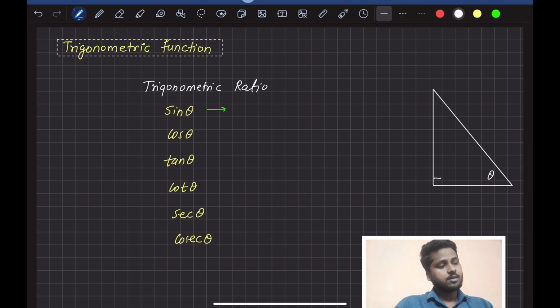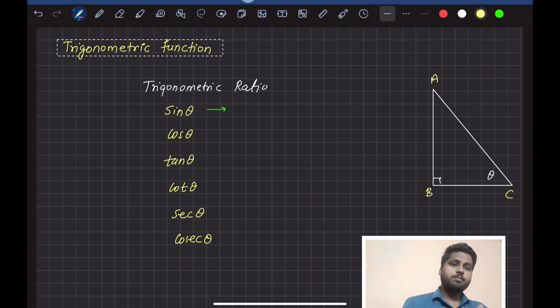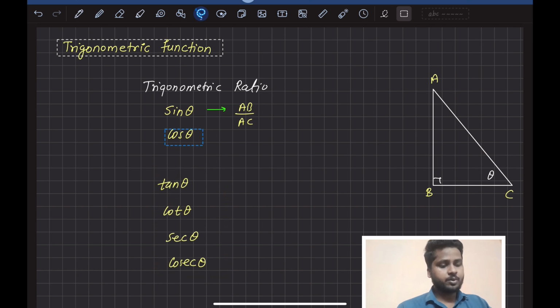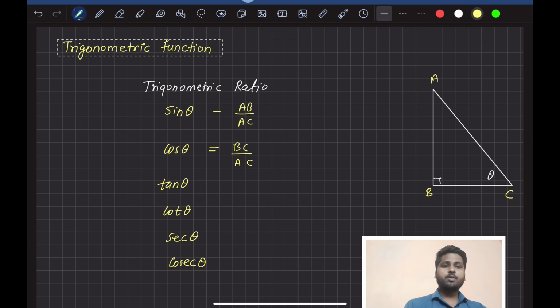Now take it A, B, C. Everyone knows that sin theta is opposite upon hypotenuse, that is AB divided by hypotenuse, that is AC. And cos theta is equal to base upon hypotenuse, or I can say adjacent upon hypotenuse. The adjacent side is BC. So this will be equal to BC upon AC. Sin theta is equal to AB upon AC.